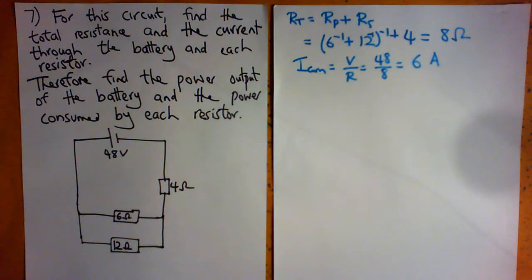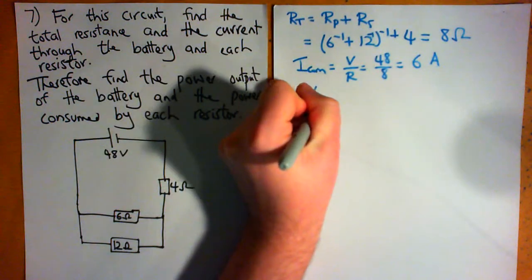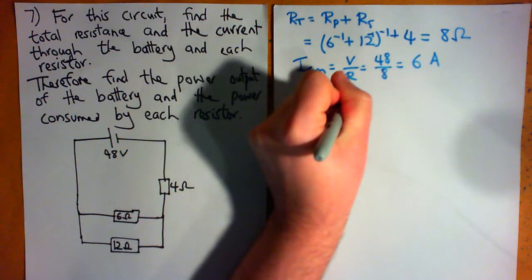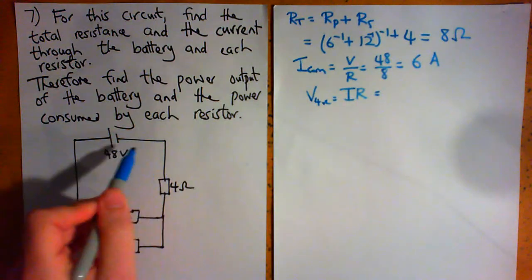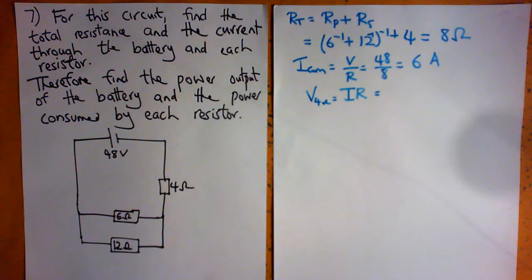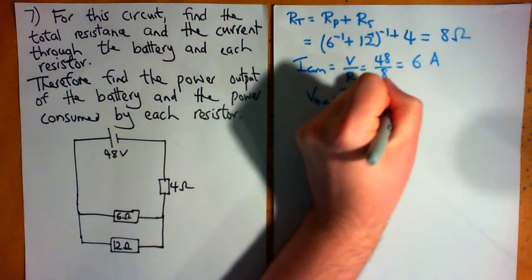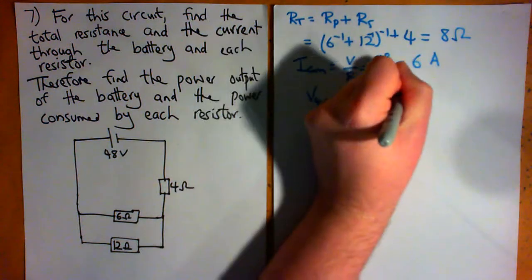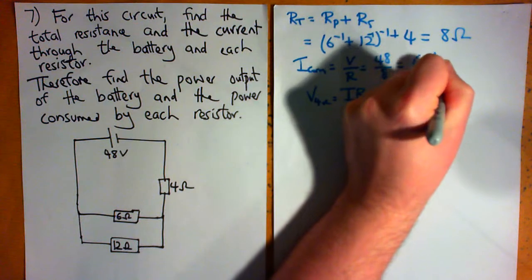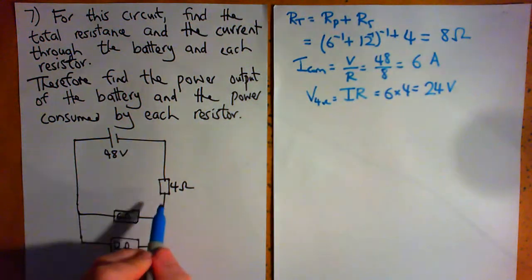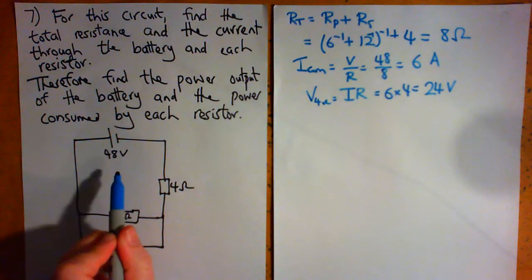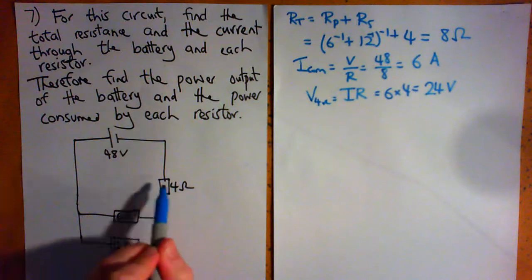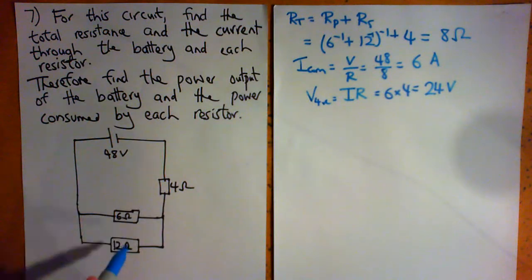So let's work out the voltage across the 4 ohm resistor, given by Ohm's law, I times R. The current is 6 amps multiplied by the resistance of 4, so we get 24 volts across the 4 ohm resistor, which means there is 48 volts minus 24 volts left over for these two.